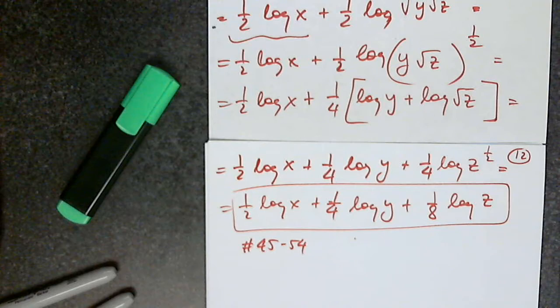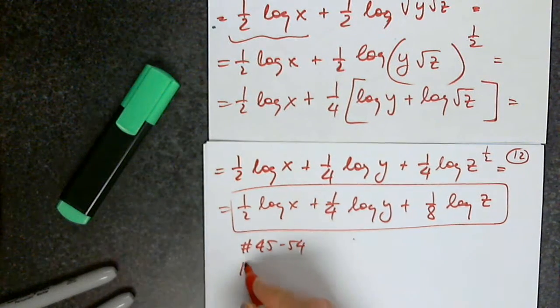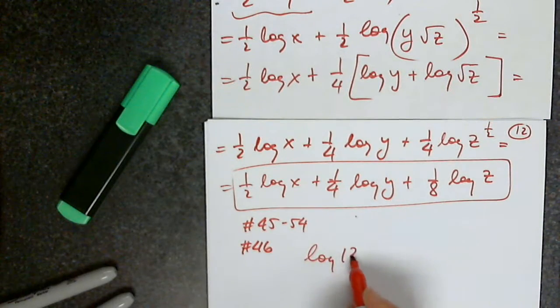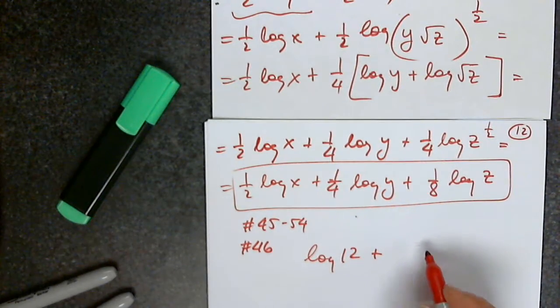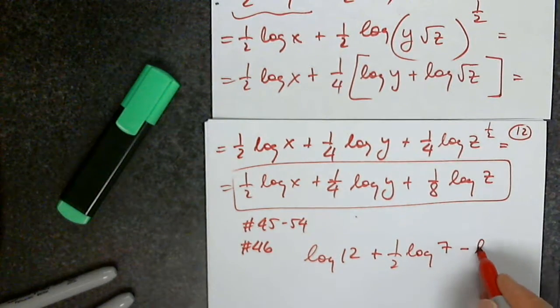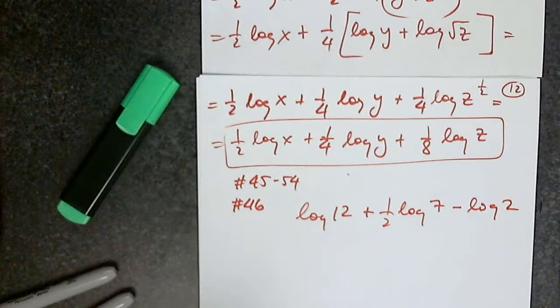46. Let's start out slowly. So we have log 12 plus, it's 1/2 in front, right? And minus log 2. Perfect. When we go backwards, the first step is always the number in front of a log, if I have any.